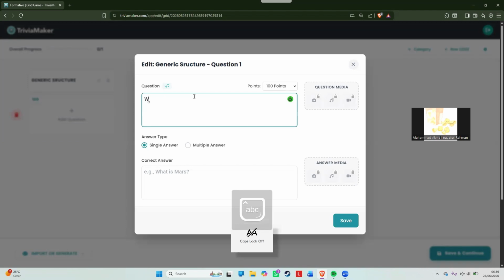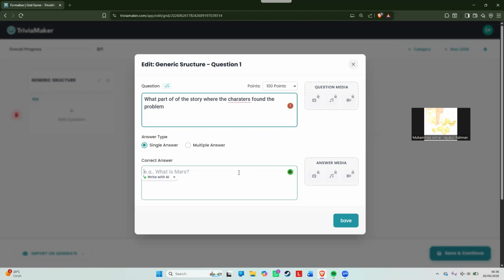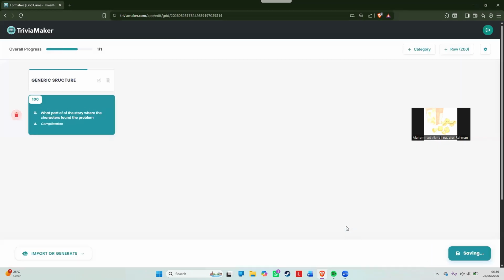What part of the story where the characters hope the problem? And then I answer it. Complication. Oopsie. There. Then I save it.